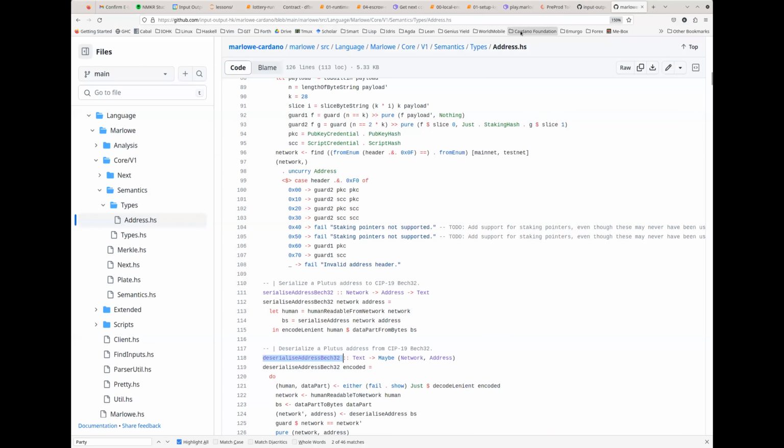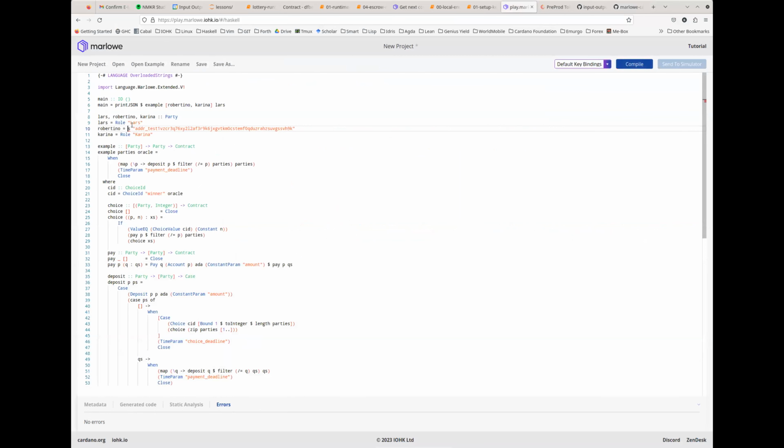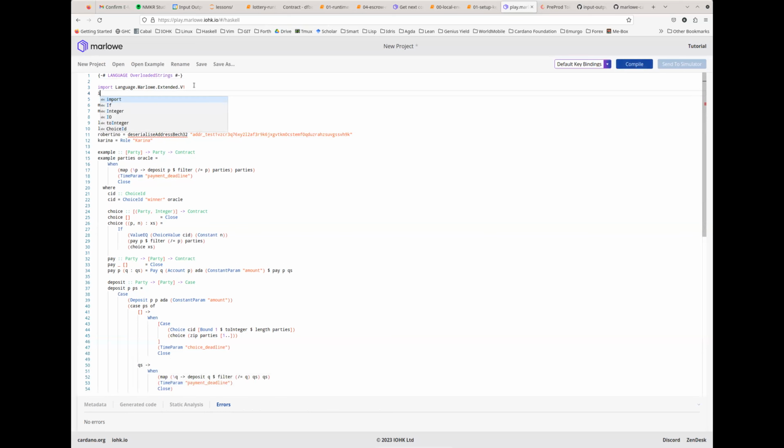So let's go back here in the playground. So I can do deserialize. What was it? English spelling. Yes. Bech32. Let's see whether that works. No. Do you have to import it? Yeah, probably. Otherwise, I can, of course, also.